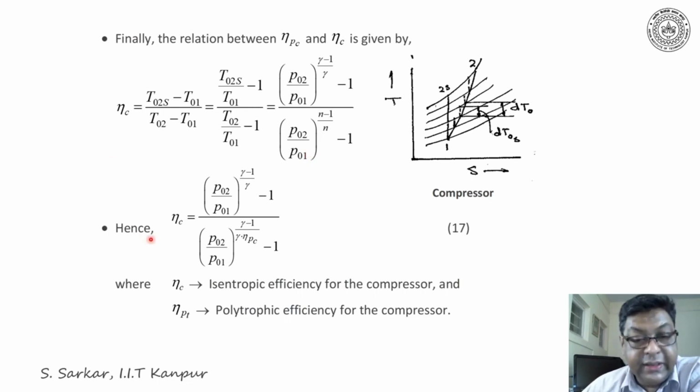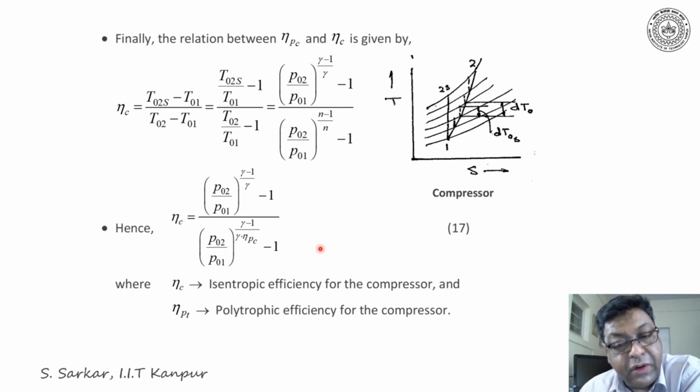Thus I can write eta C is equal to P02 by P01 to the power gamma minus 1 by gamma, minus 1, divided by P02 by P01 to the power gamma minus 1 divided by gamma into eta Pc, minus 1, where eta Pc is the polytropic efficiency of the compressor and eta C is the isentropic efficiency, the overall efficiency for the compressor.